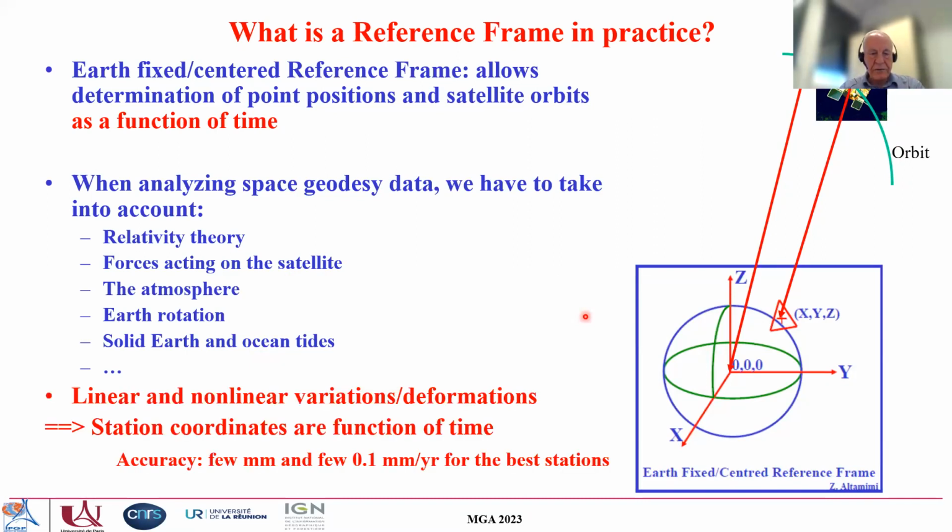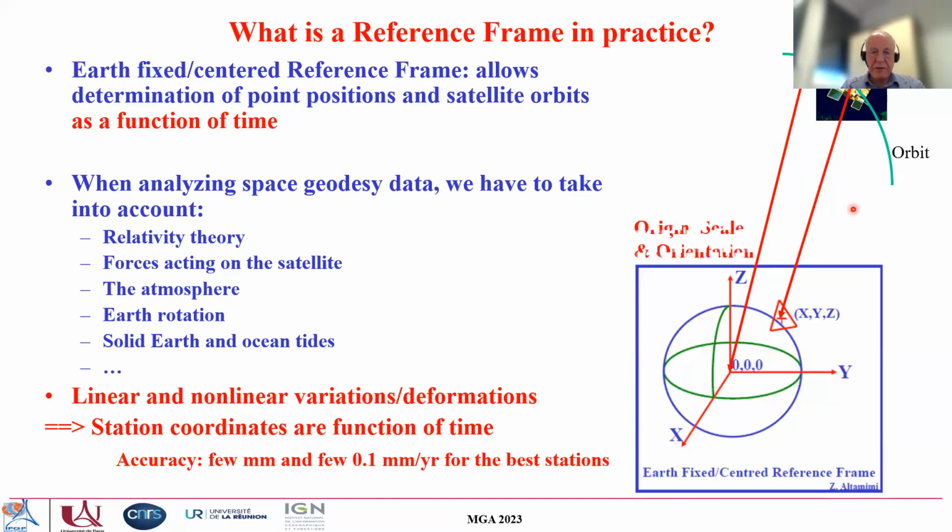And we realize, of course, that the Earth is deforming with linear and non-linear variations, and therefore station coordinates are a function of time. Despite this complexity, we reach nowadays, in terms of accuracy, a few millimeters in position and a few tenths of millimeter per year for the best stations.